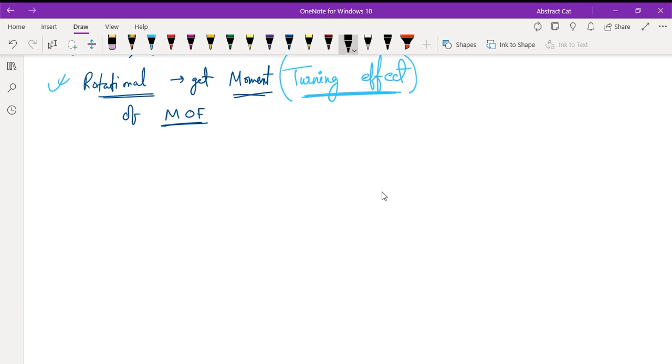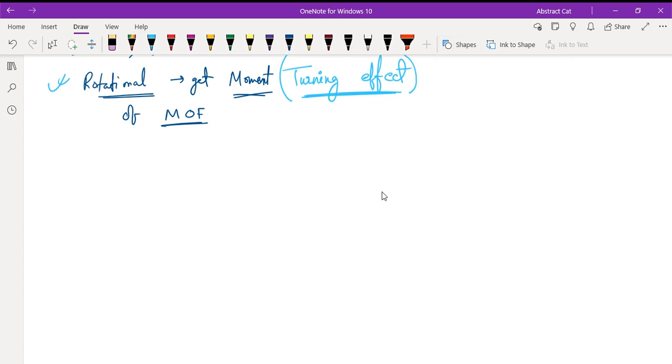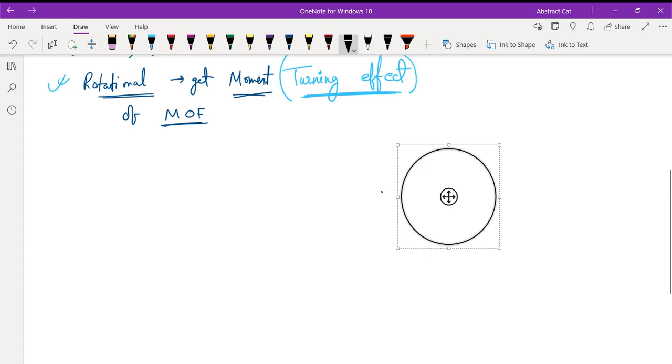So there is a circle, and that is the center, and we applied a force here, either top to bottom or bottom to top.